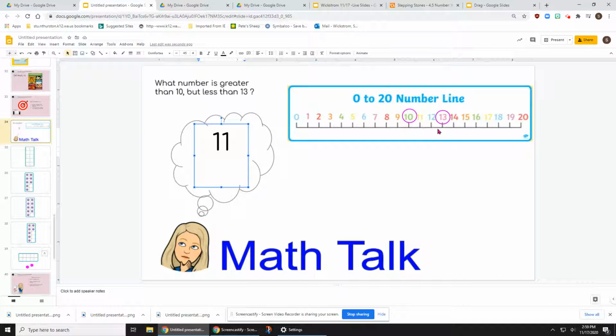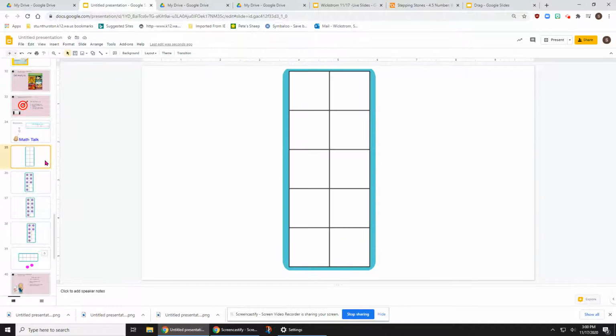Is it less than 13? Yes. So that means 12 is also another answer. So if you said 11 or 12, you got it. Good job. Good thinking. I'm very proud of you. And I love how you're thinking about numbers and talking about them. Excellent job. Okay, let's move on.